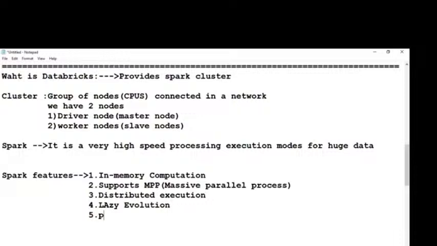And you've got persistence. Persistence means you can make use of already executed transformation output. And also partitioning. Partitions means the data is divided into multiple partitions, stored across more systems, and more systems process it parallelly, right?